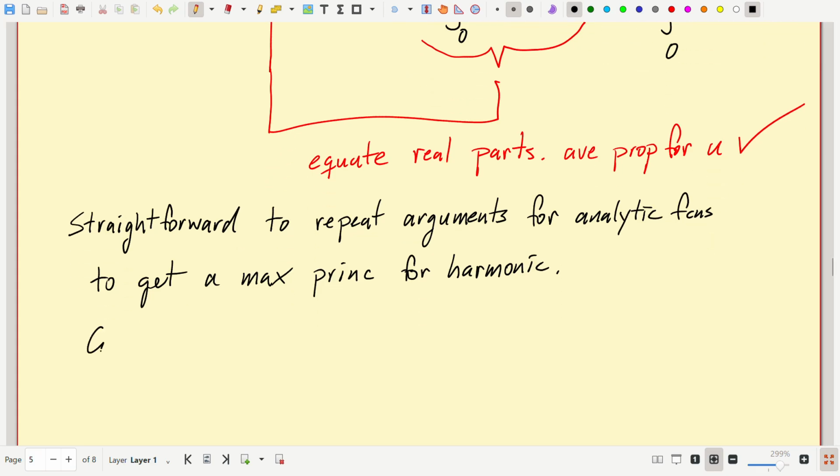So we get a minimum principle too, by applying the maximum principle to minus u.